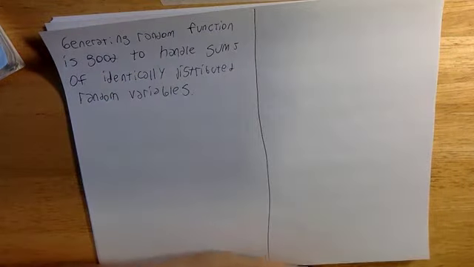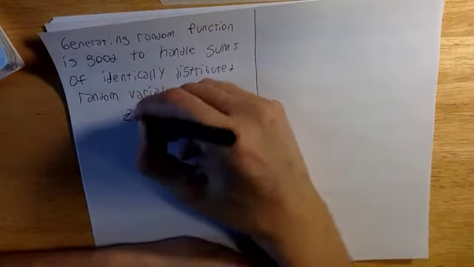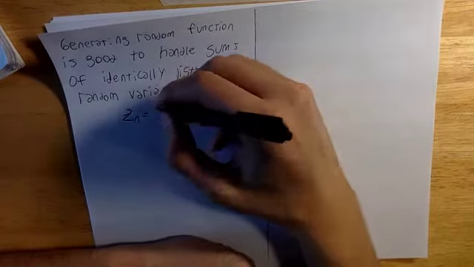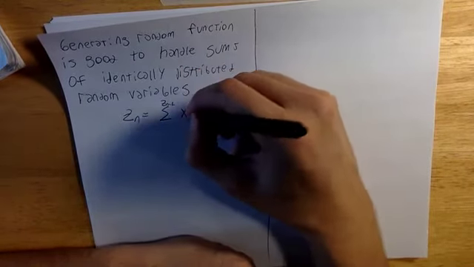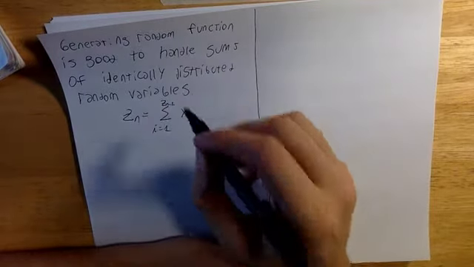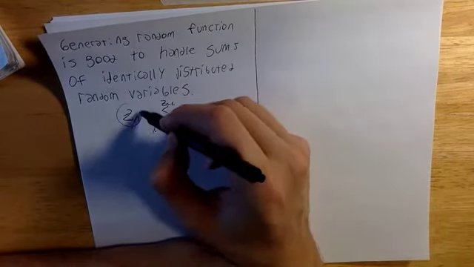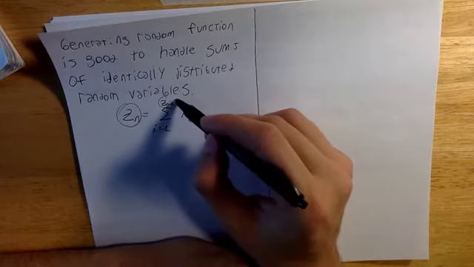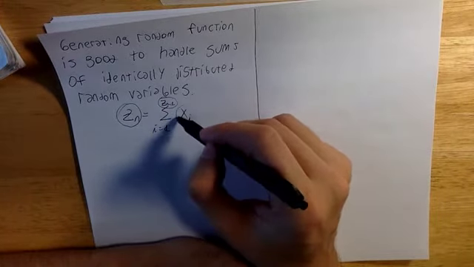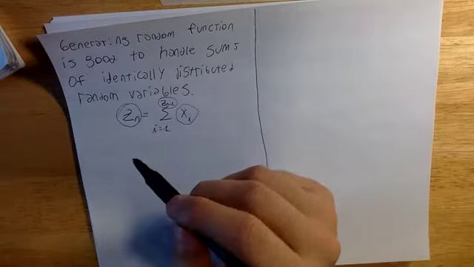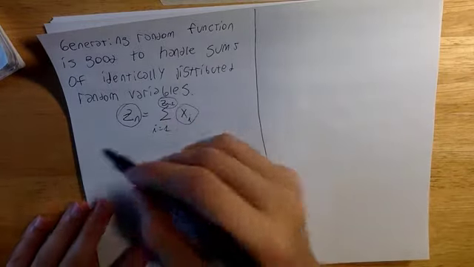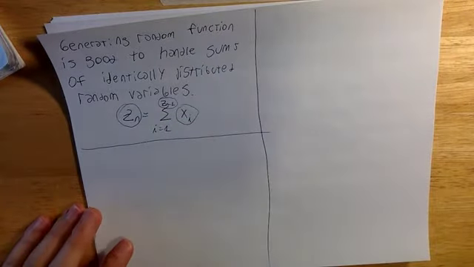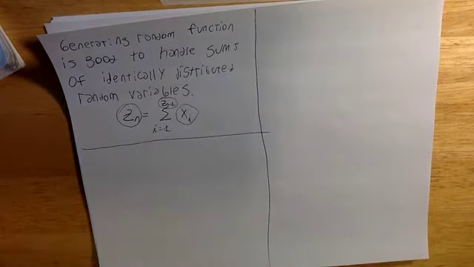And this is exactly the point: Zn is equal to the sum of Cn minus 1 of these xi. So the generating function of Cn will have to do something with the generating function of Cn minus 1 and the generating function of xi. This is something we're going to do in a little bit. This is just to motivate why we want to look at these types of things. But let's first look at an example.